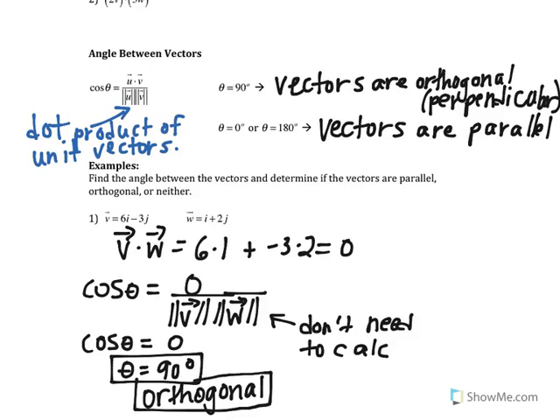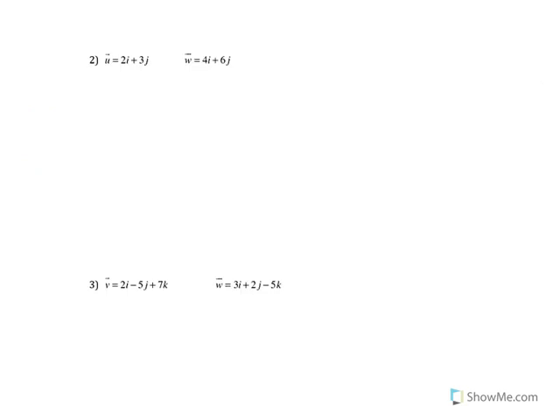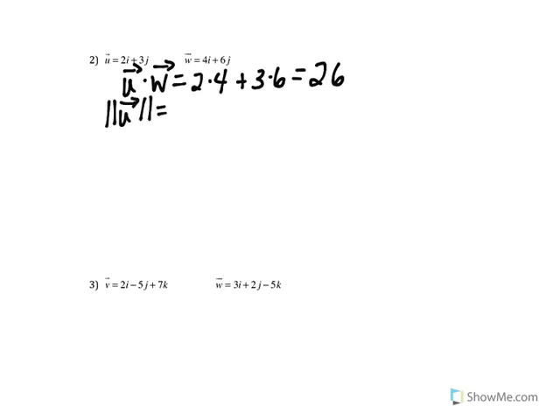Okay, let's take a look at our second example. Again, I would always find the dot product first, in case, like happened before, it comes out to 0. This one does not, it comes out to 26. So after that, I would also find the magnitude of u, and the magnitude of w.